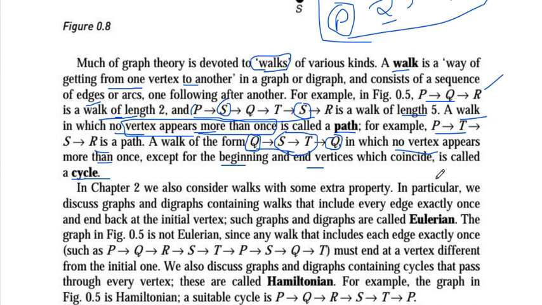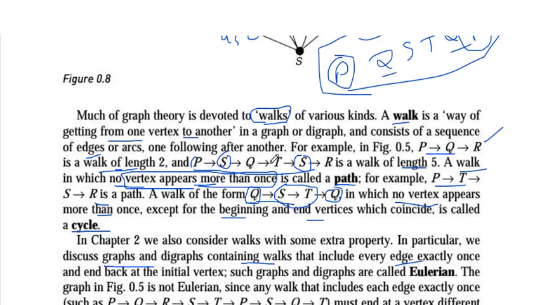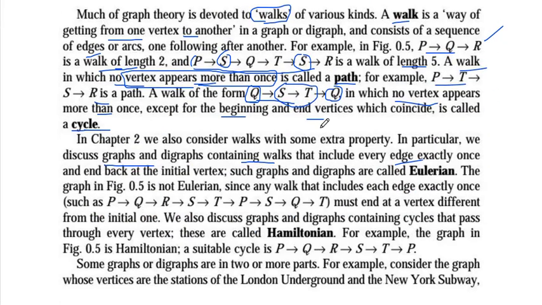Okay, next definition. Graphs and diagrams containing walks that include every edge exactly once, and end back at the initial vertex, like a cycle.